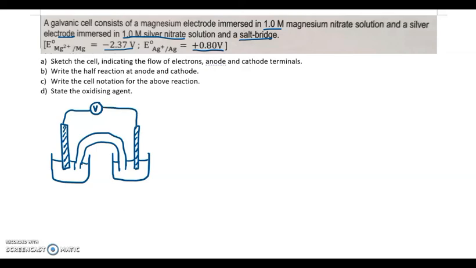Okay, untuk cell diagram, now kita nak choose which one is cathode, which one is anode. Cathode adalah nilai standard reduction potential dia more positive. So, bila kita lihat antara dua ini, yang more positif adalah silver. Jadi, silver akan jadi cathode. Silver immersed in silver ion.